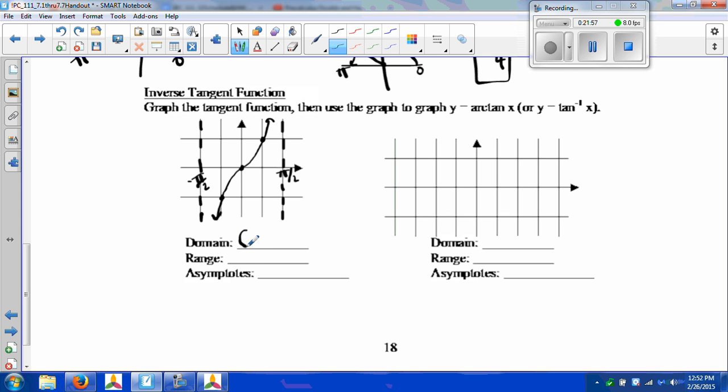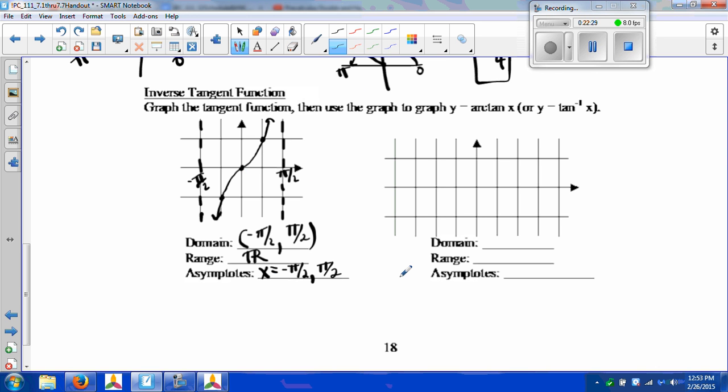So the domain, since you can't touch the vertical asymptotes, is negative pi over 2 to pi over 2. All right, and the range is all real numbers. All right, and then the asymptotes are x equals negative pi over 2 and pi over 2. And I don't need to put that they're vertical asymptotes. We know that by the equation x equals.